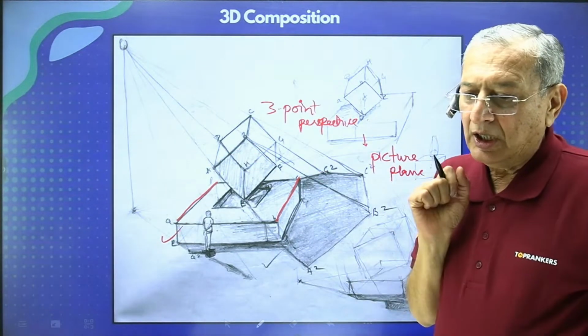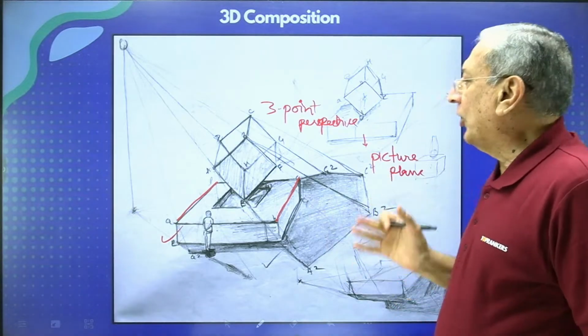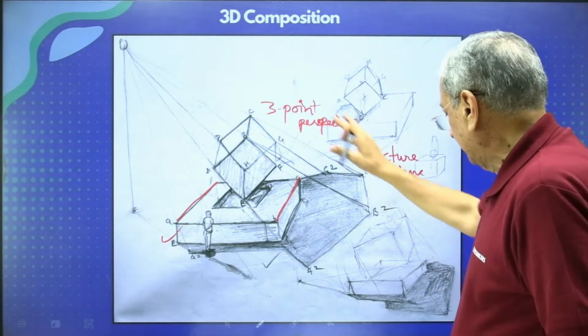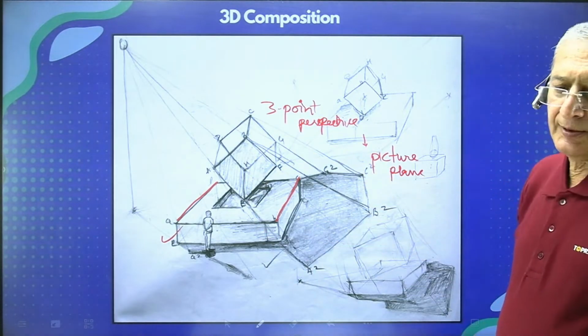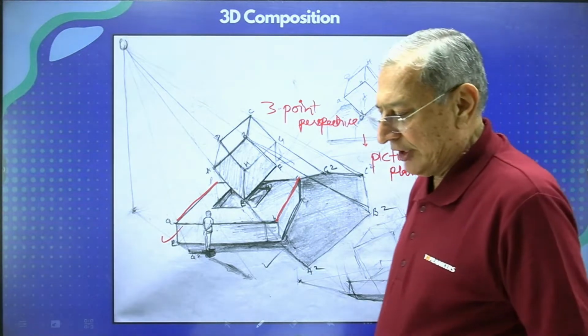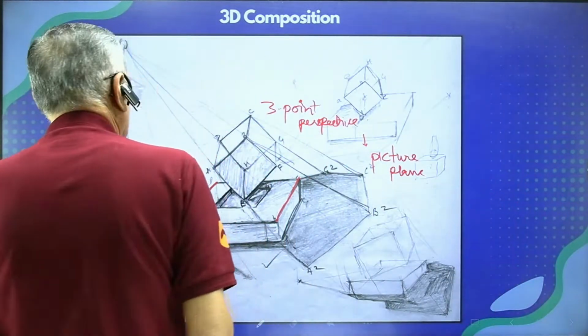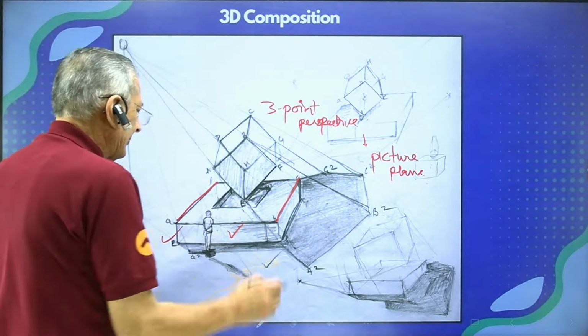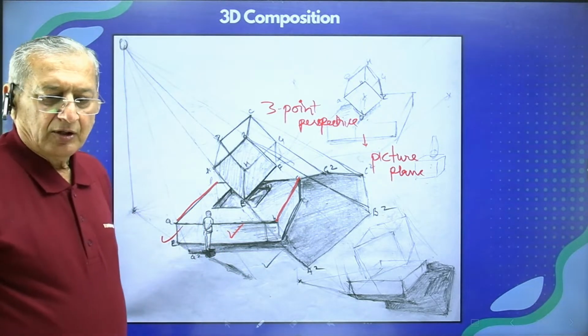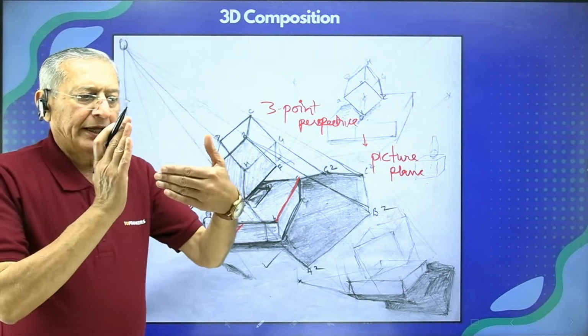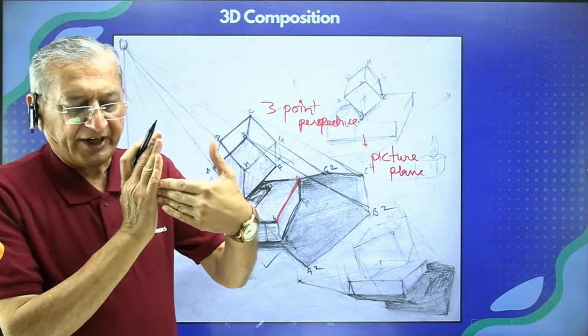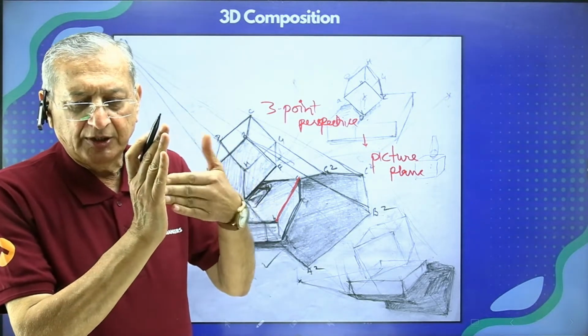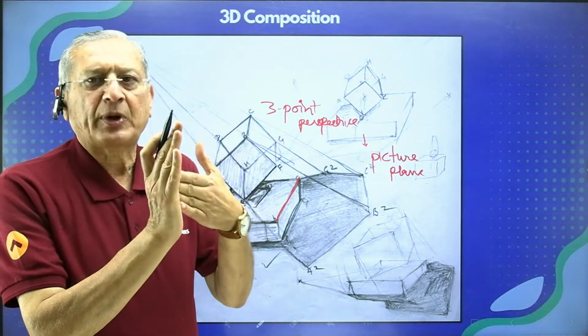Whereas a 2-point perspective, which is not there in this cube and cuboid, is when the flat surface of the object is making a different angle than a right angle to the picture plane.